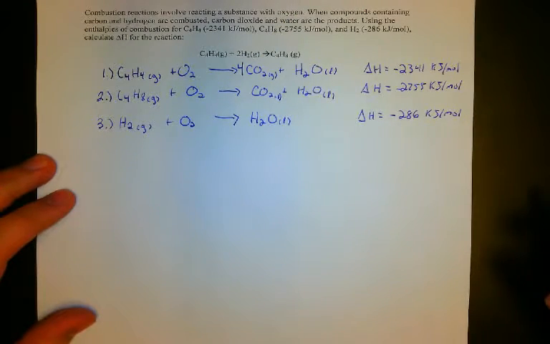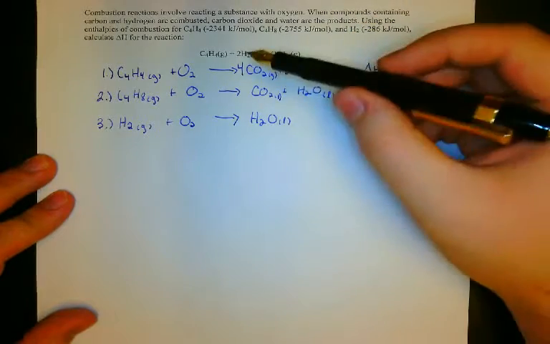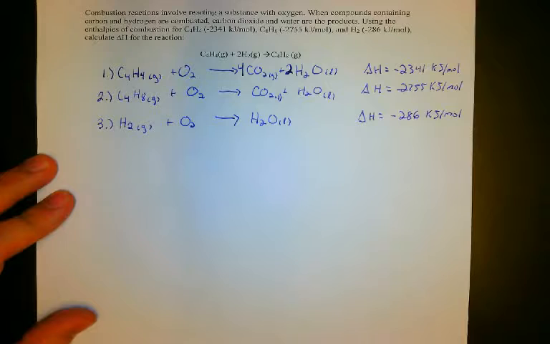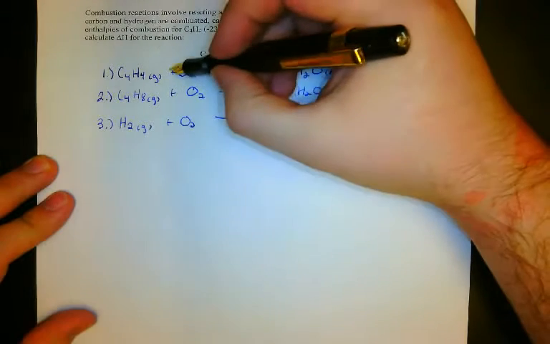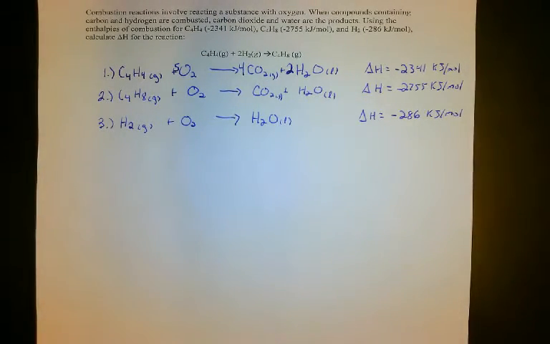How many H2Os do I need? 2. So now that gives me 8 O's and 2 O's, so I'm at 10. So how many O2s do I need? 5. And I still have my 1 C4H4, so we're okay.